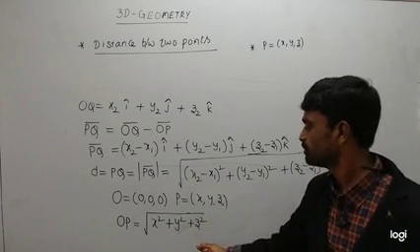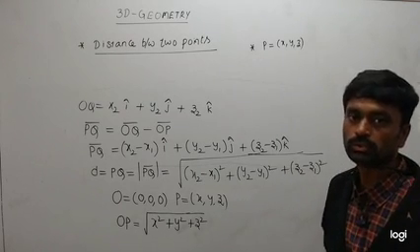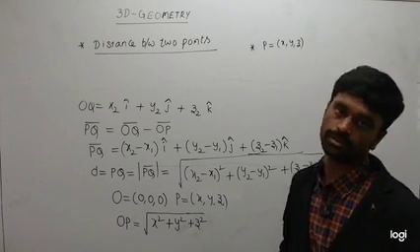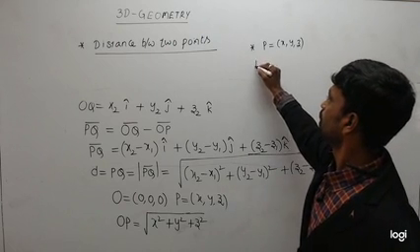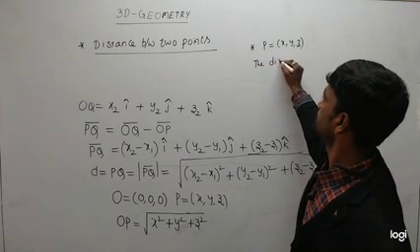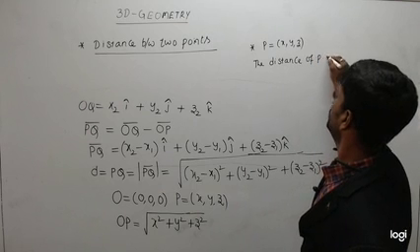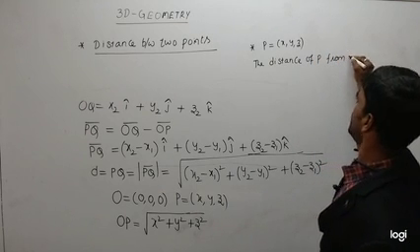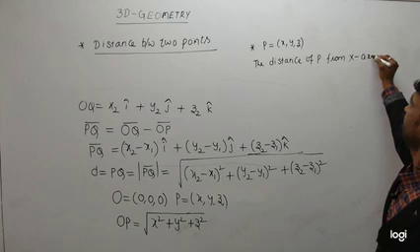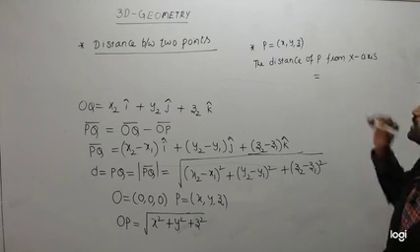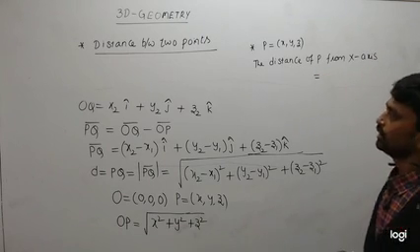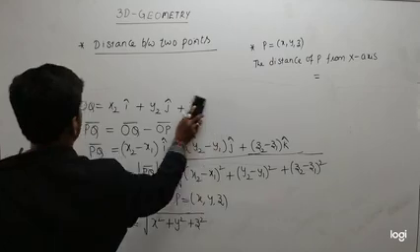The distance from the origin is the root over x square plus y square plus z square. Then what is the distance of P from the x-axis? So what is that distance?